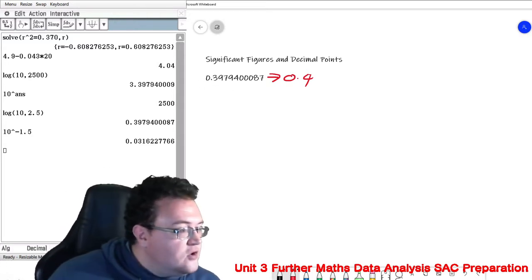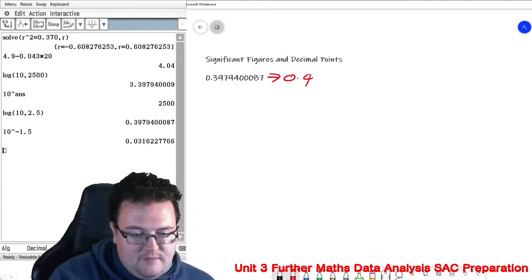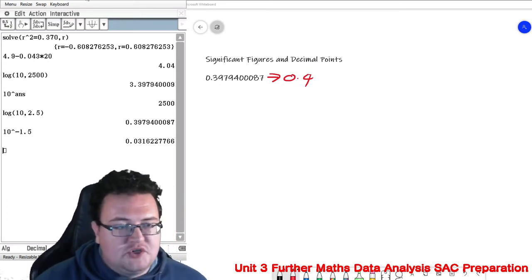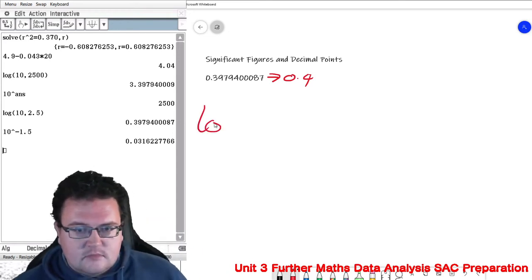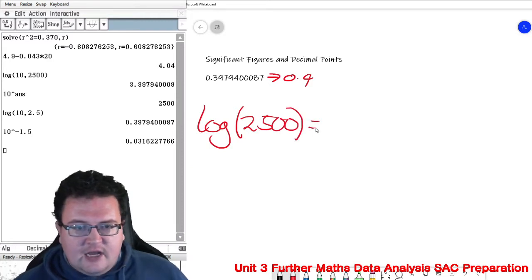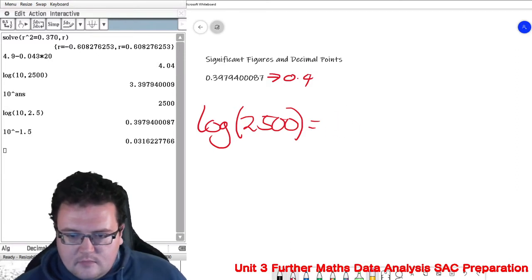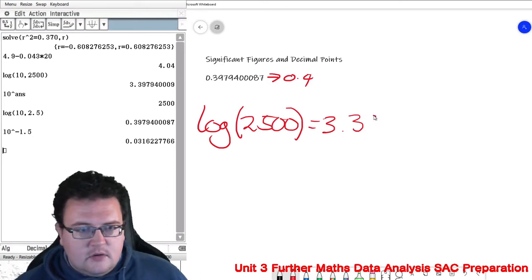So for example, if we look here on my CAS above me, I have here, what is the log of 2,500? So I did the log of 2,500 and it came out as 3.39794009.